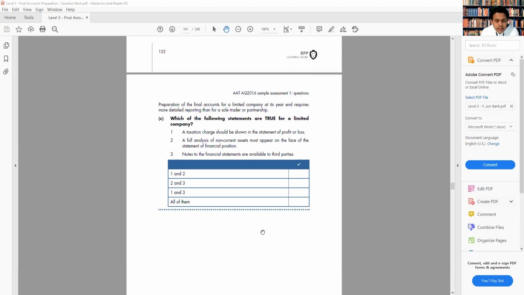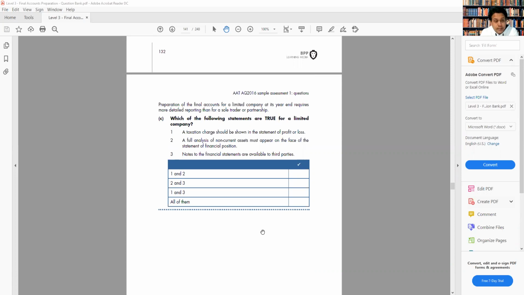So I would say next module we're going to start indirect tax, Magda, because we've done management accounting, we've done advanced bookkeeping, we have now done final account preparation, and we will do the next one, indirect tax.